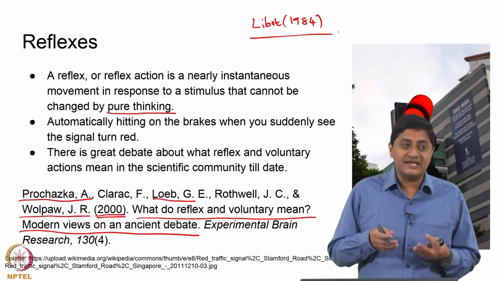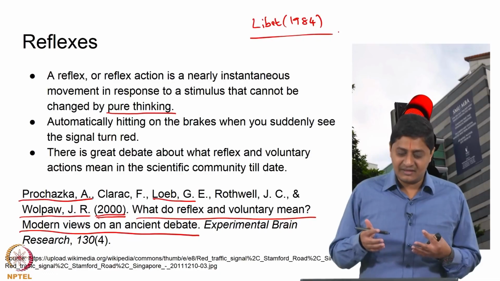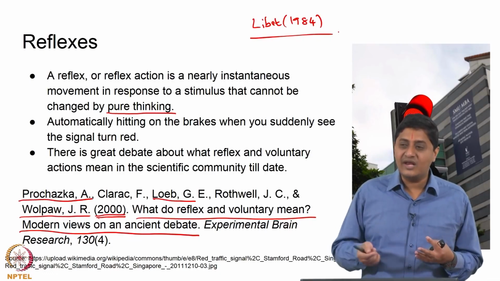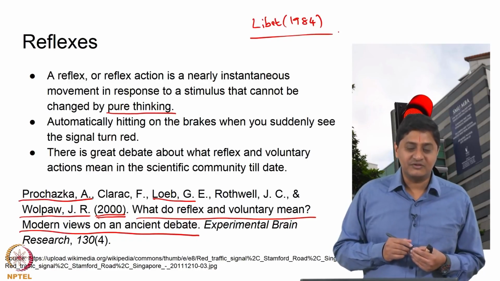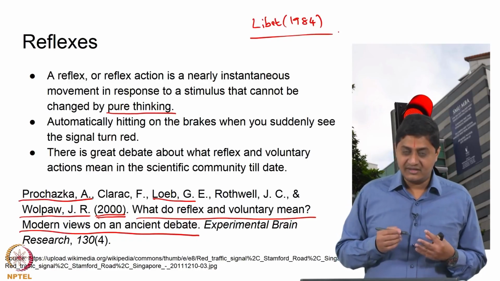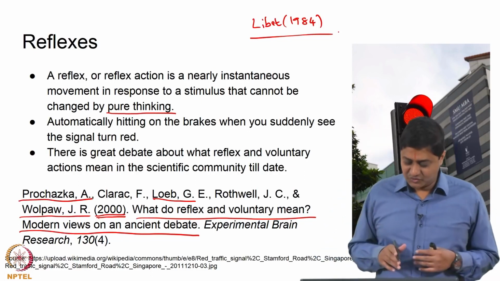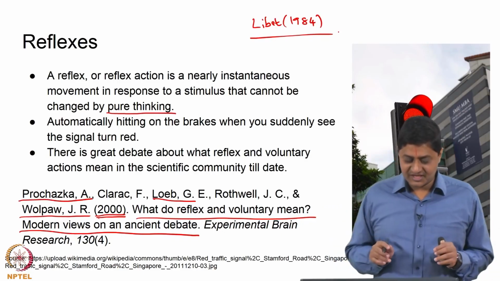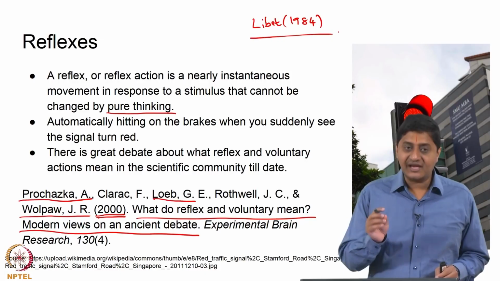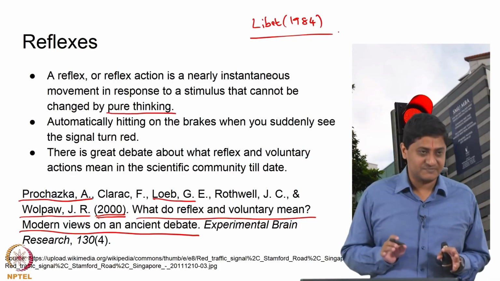Only after that do you realize that this is going to happen. So, the action is already initiated and only after that you come to know that this is the action that is going to happen. So, is that particular action voluntary or not? No answers to those questions. I leave you with questions rather than answers, but for now, for the purpose of this class, if I cannot modulate a response by pure thinking, that response is a reflex.